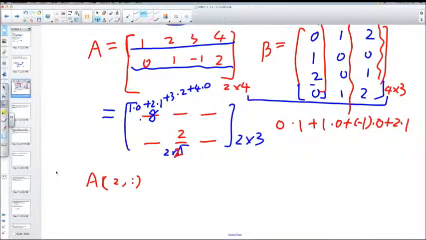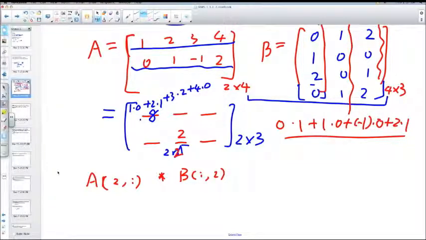That means you're talking about the whole second row. To talk about the second column, you write it as colon, that's the whole column, comma, and the 2. And then when you multiply, you just multiply like this. That's in MATLAB. Then you're going to get this result.